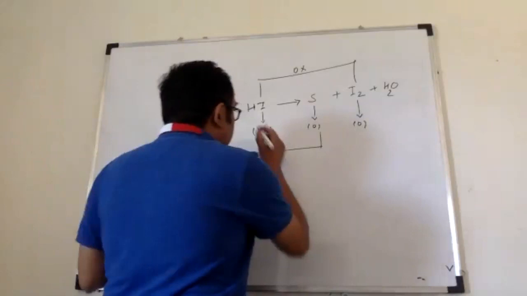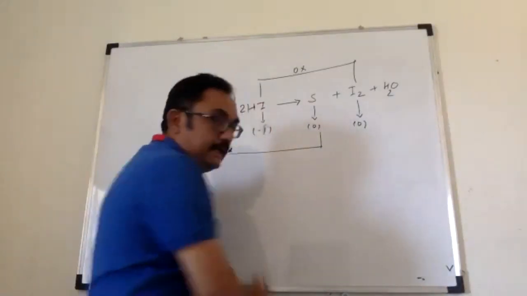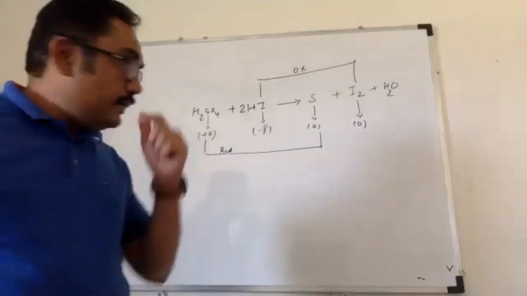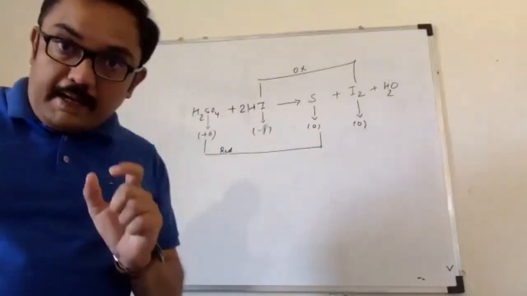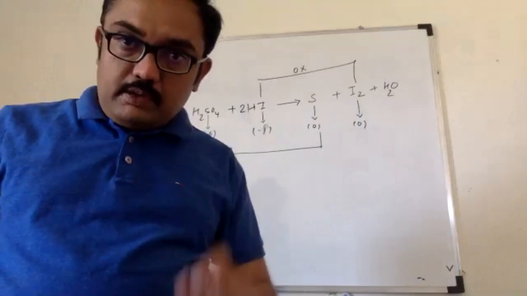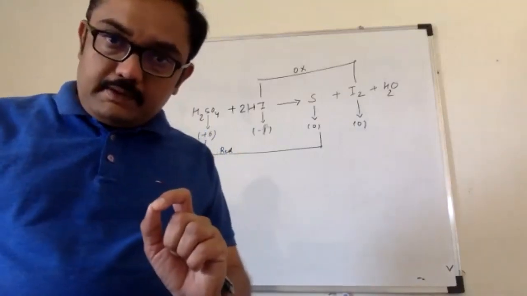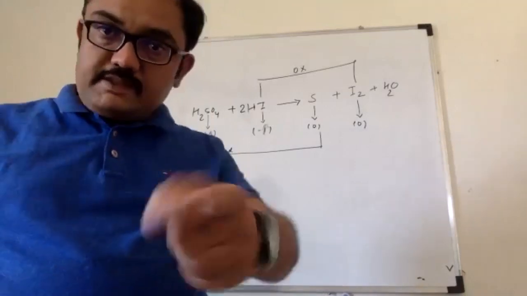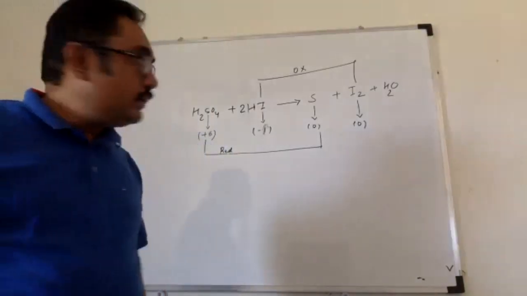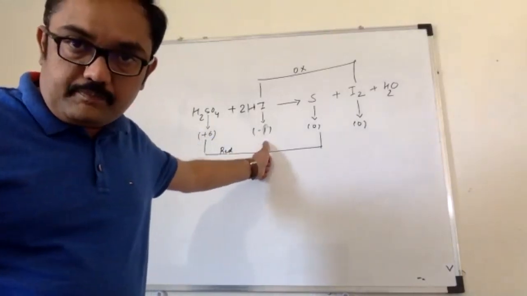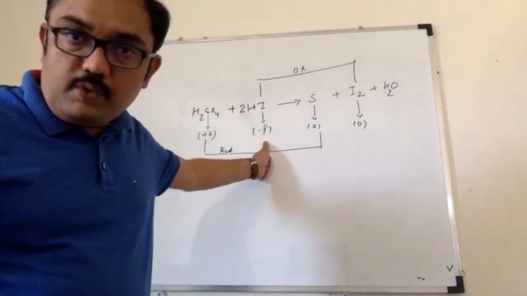So I am multiplying HI by 2. Now, when you balance an atom, I told you earlier also, by whichever number you multiply the atom, with the same number you also change the oxidation state. This was the oxidation number of one iodine atom. So what would be that of two iodine atoms?